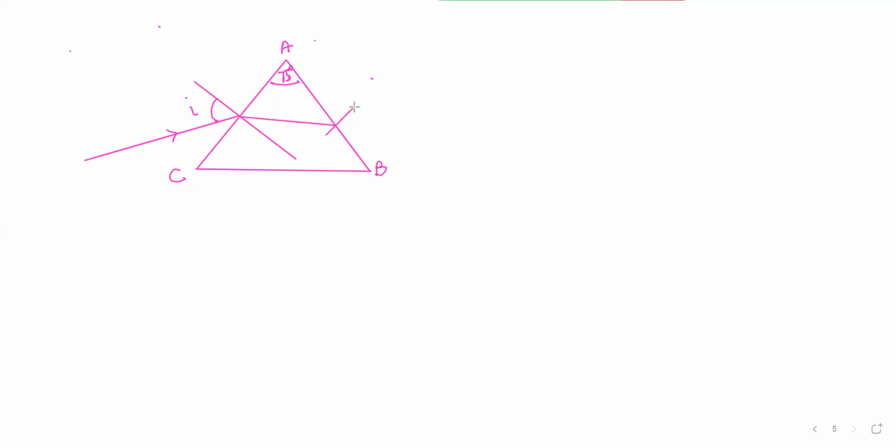Then from glass to air, we are told that it is incident on the other face at the critical angle. So once the refracted ray hits the critical angle of the material, what happens? Yes, class, what will happen? If the refracted ray hits the critical angle, what will happen? Can somebody help?